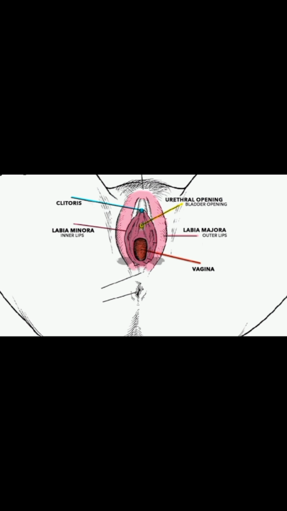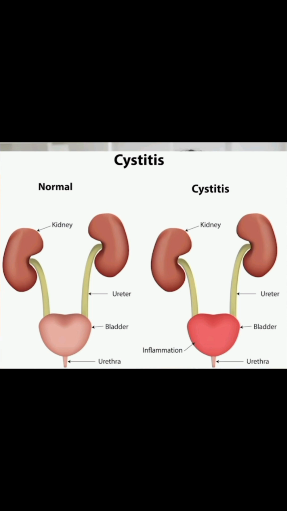Cystitis is another cause. It is the inflammation of the bladder, usually caused by bladder infection. I talked about UTI causing superficial dyspareunia because the opening where the urine is coming out is inflamed.